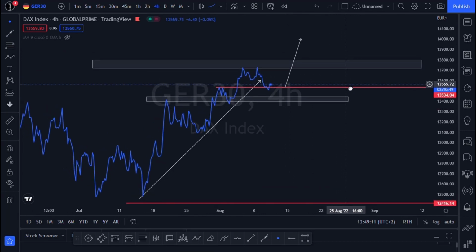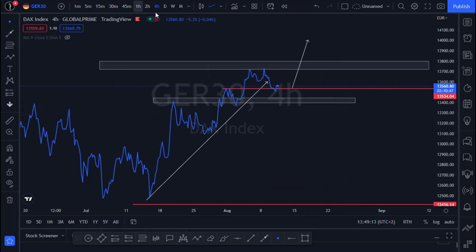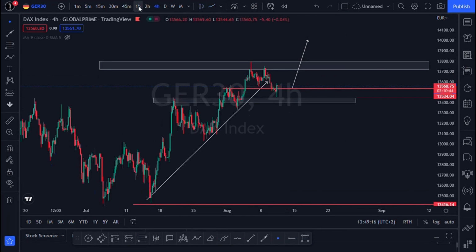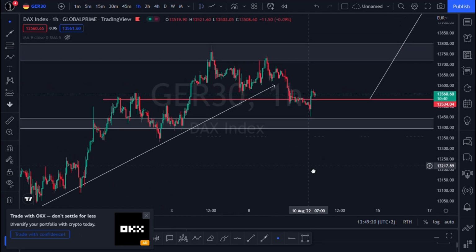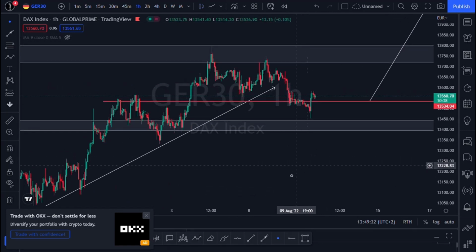Remember guys, we only follow what the chart gives us. We don't trade in accordance with our own merit. We first look at what structure is giving us, how the structure is working, and where we can benefit.